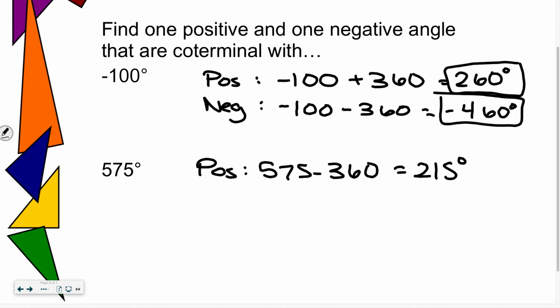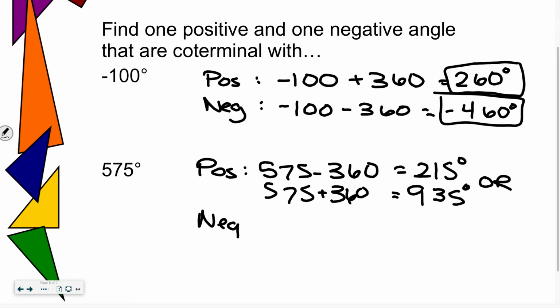If you were thinking in your head that you would take 575 and add 360 because you want it to be positive, would that have also worked? Sure. That's going to be 935. Okay? Either one is fine. You only have to give me one of them, and I'll accept both those answers.